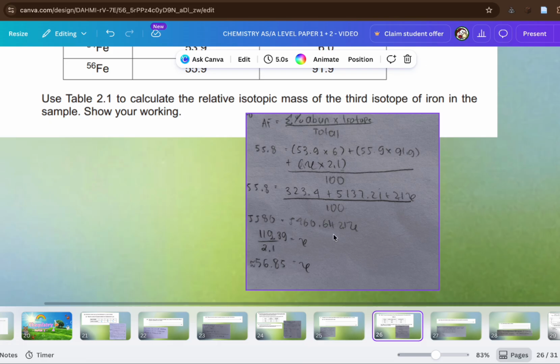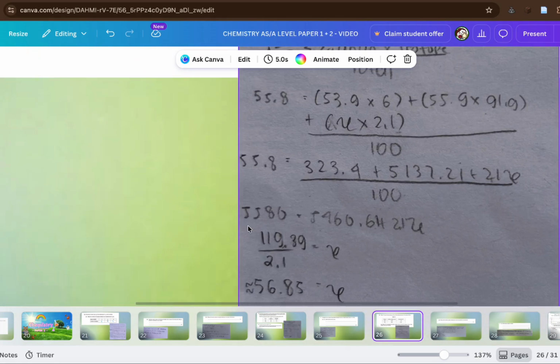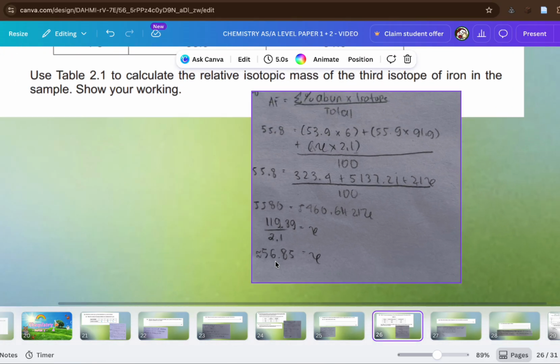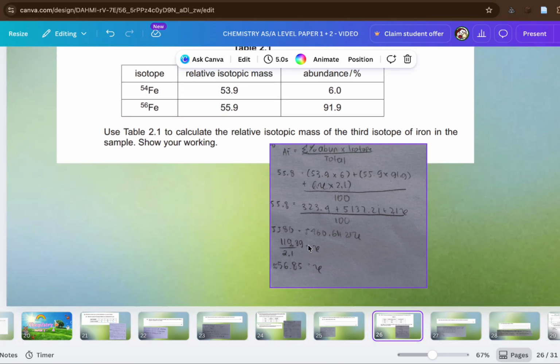We move the number to the left-hand side, which gives 5,580 minus 5,460.61, which results in 119.39. And then we divide by 2.1, so 119.39 divided by 2.1 results in 56.85, which is our isotopic mass.